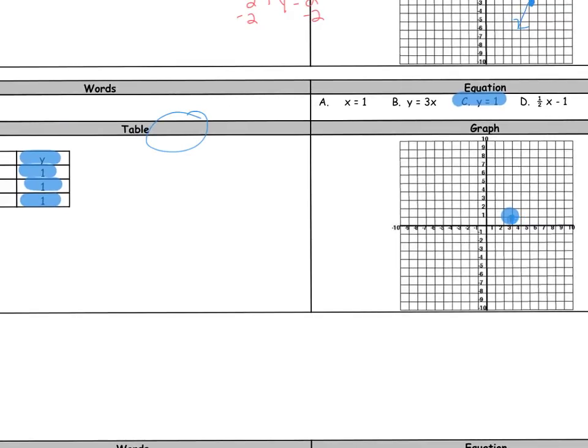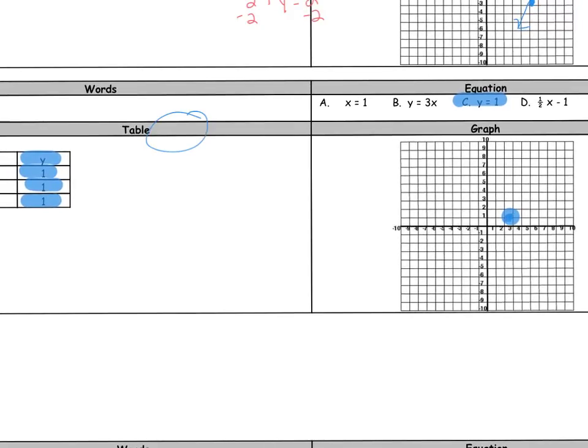And you could have graphed 3, let's see, I think that was 6, 1. There we go. And then 7, 1. And you could see that those points make a horizontal line, which also represents y equaling a constant. And then once we know our equation, we can go back and we can write our words. Y is 1.